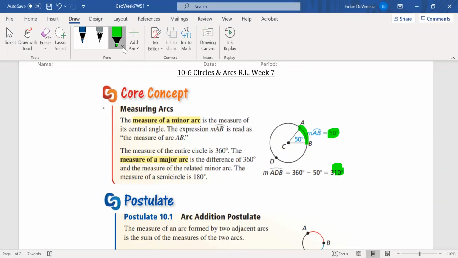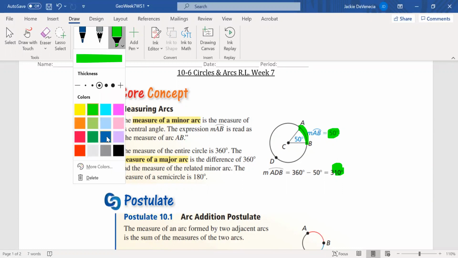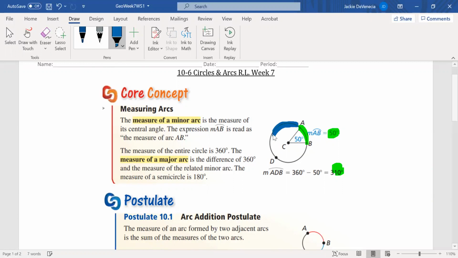Now let's look at a major arc. Just a review from the other day, your circle is made up of semicircles, minor arcs, and major arcs. The smaller section is a minor arc, the bigger section is what we call a major arc.